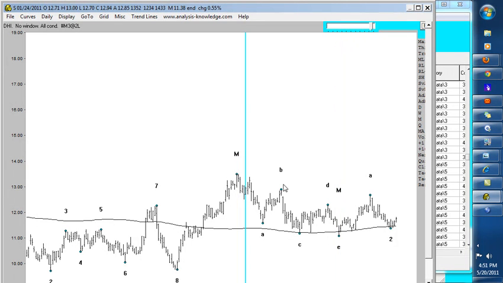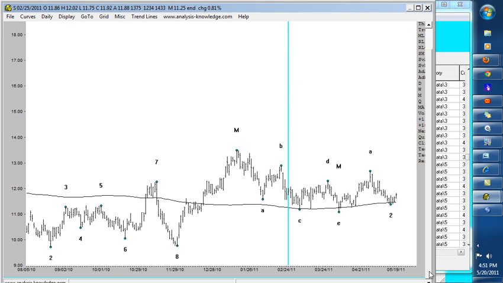And here we have 1, 2, 3, 4, 5 down, and we went up for a 1 and down for some kind of a 2, and here we are. So this is a major pivot down here, and this is a major one here, and that's because in between them there are at least 2 other pivots. Okay, simple as that.